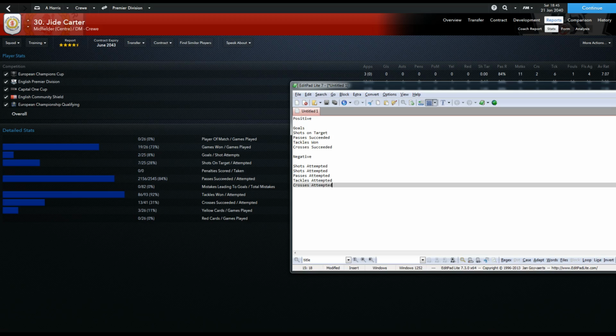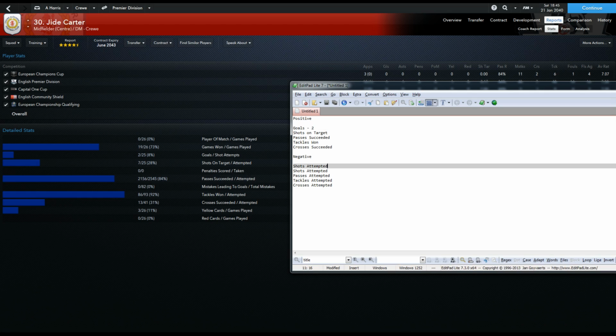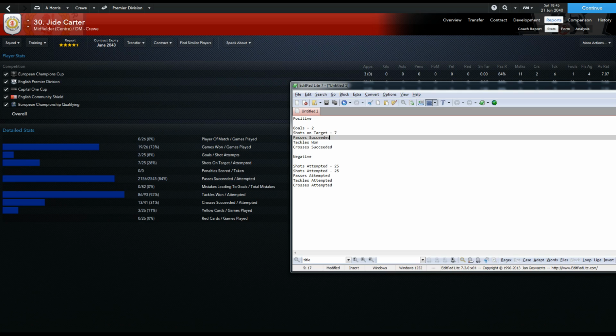Okay. Now, obviously, the way it is at the moment isn't something you could go through each game and add to, because you're going to get to the point where you're doing so much number crunching, you're not going to be playing any games. So, let's look at this. He's had 2 goals, 25 shots attempted. It's the same for that one. Shots on target, 7. Passes succeeded, 21.56.